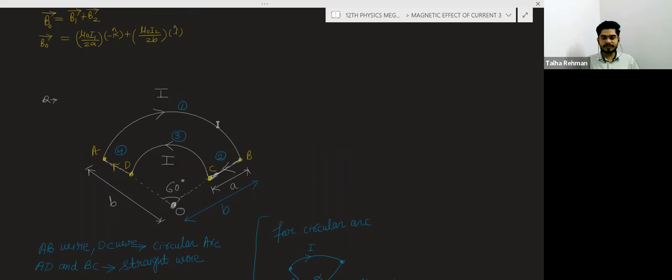So Hamza, tell me what is the value of magnetic field due to this wire for AD. Just take your time. This is the straight wire again, and we are calculating the magnetic field at the center O. Just think, check your notes.